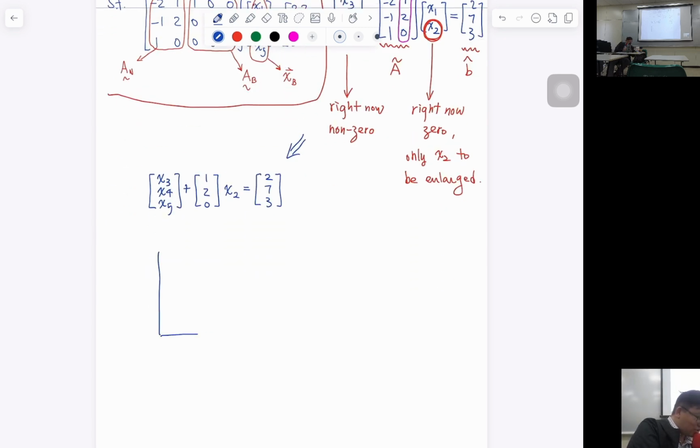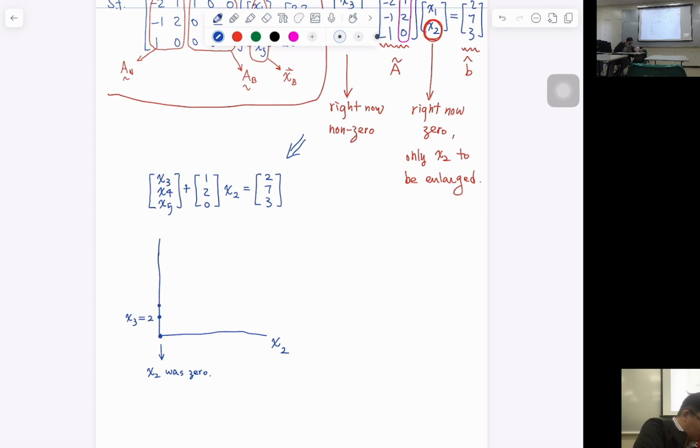So here is x2. Okay? Originally, the value of x2 is 0. x2 was 0. Okay? So when x2 was 0, what's the value of x3? It's actually 2. So x3 was 2.